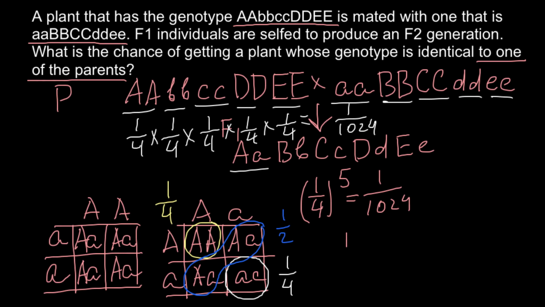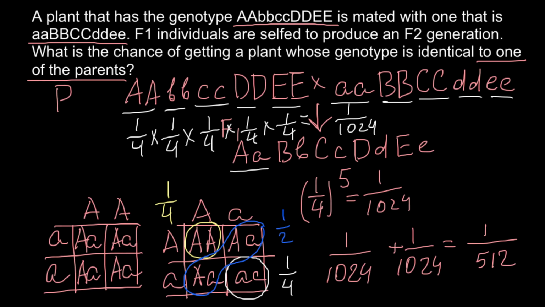So we add two probabilities: 1 over 1024 plus 1 over 1024, the probability to get the genotype of the second parent, and together this is going to be 2 over 1024, or we can reduce it to 1 over 512.